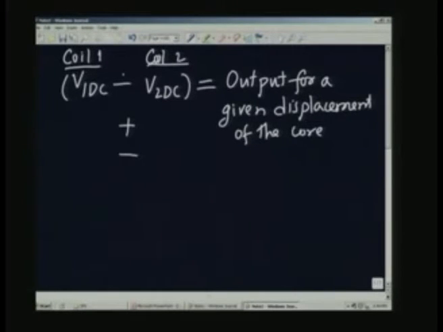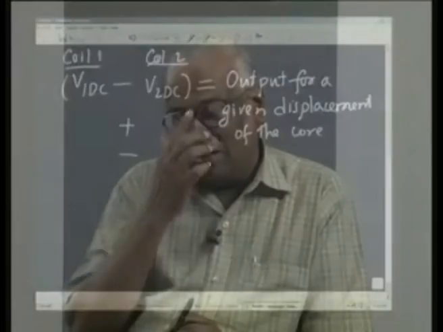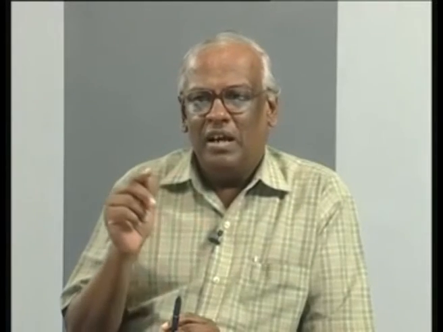So, this voltage will change sign, and if you remember what I showed in the figure earlier, you had a linear variation for both positive as well as negative displacement of the core, and this follows a linear relationship as was indicated there. This voltage is proportional to the pressure difference, and the pressure difference gives rise to a certain displacement which is a linear relationship.